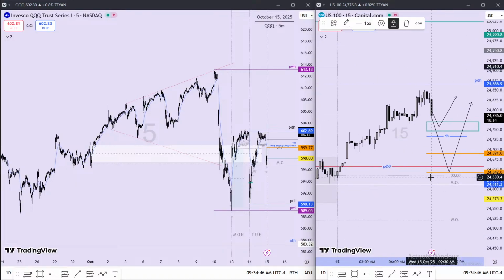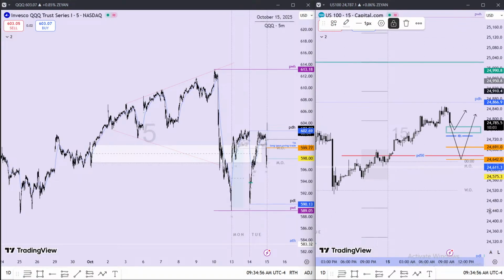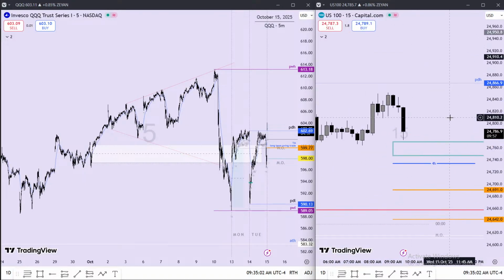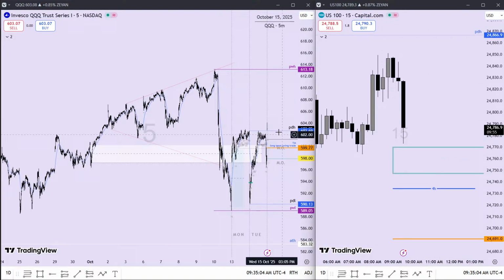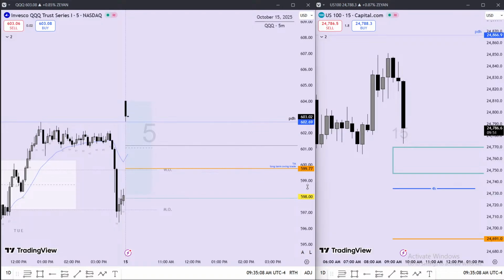If we move below this point or below these two white lines, this is the end point. I will be happy to take a short below this point. Above this point, I'm more interested in taking a long. So yeah, the first 5 minutes closed as a bearish bar.